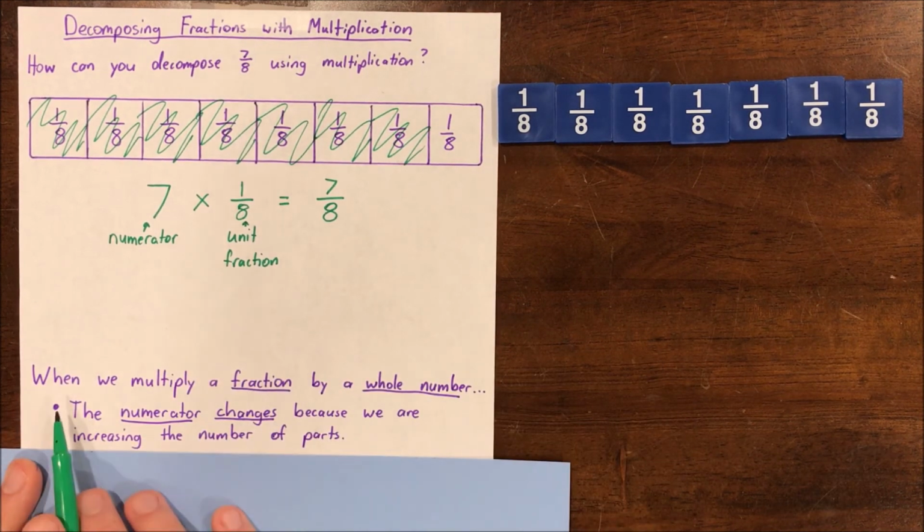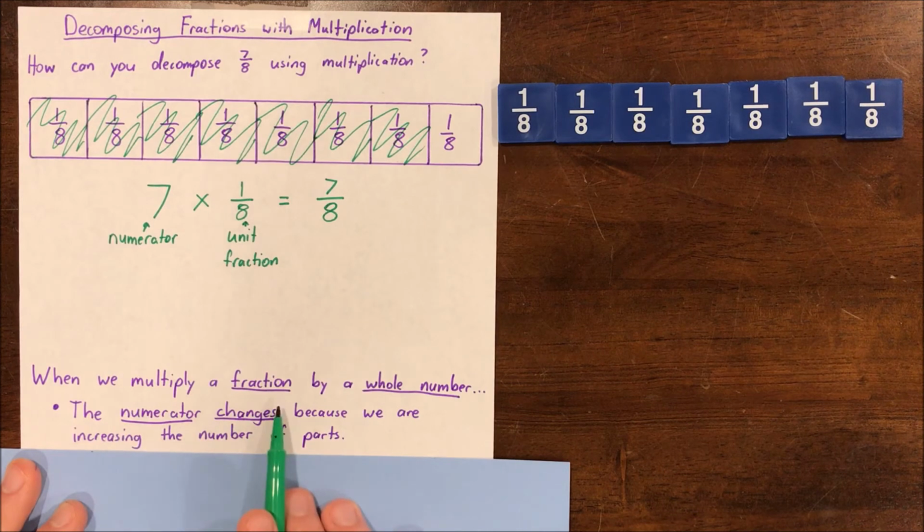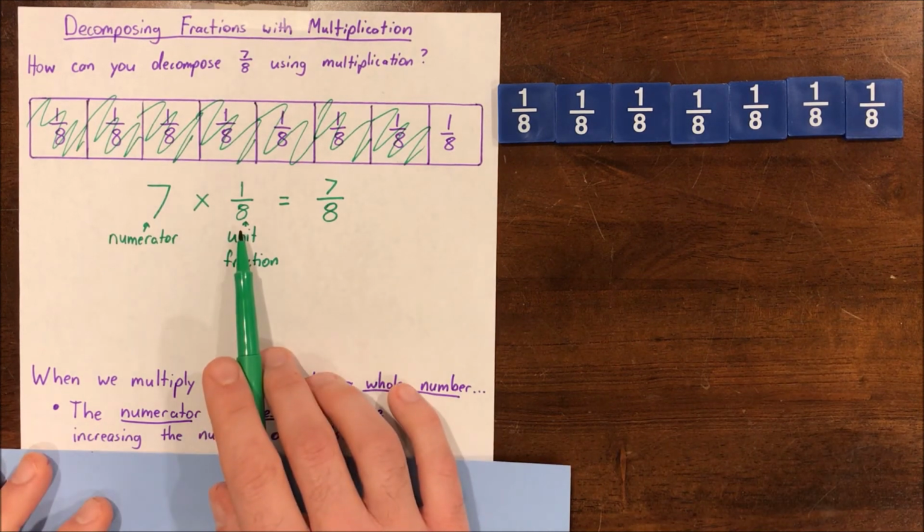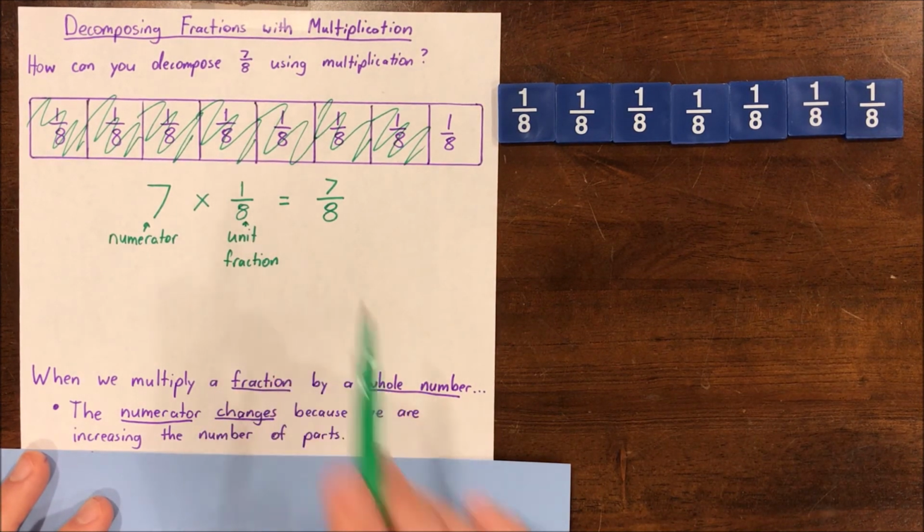Read this key point with me. When we multiply a fraction by a whole number, the numerator changes because we are increasing the number of parts. Great. And what do you notice about the denominator of the fraction from the factor to the product? Say it out loud. Right? It stays the same.